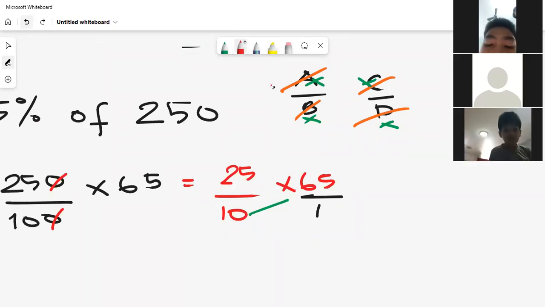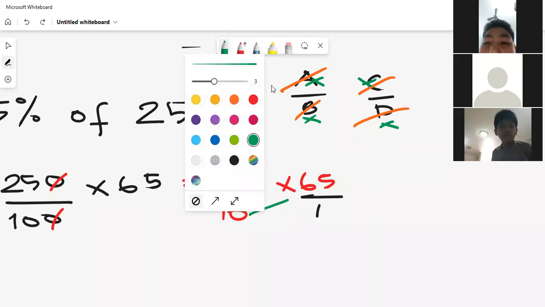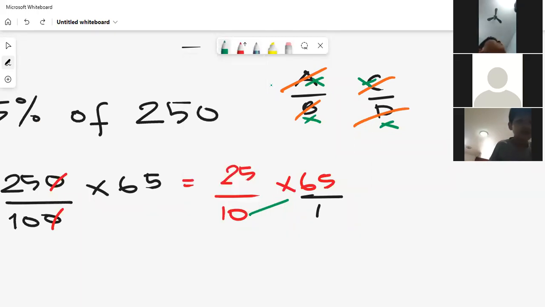So let's cut 10 and 65 first, divided by 5. 10 divided by 5 is equal to 2.